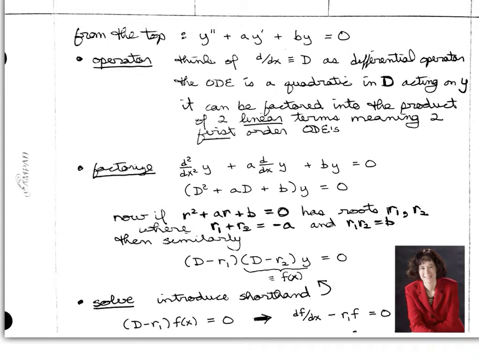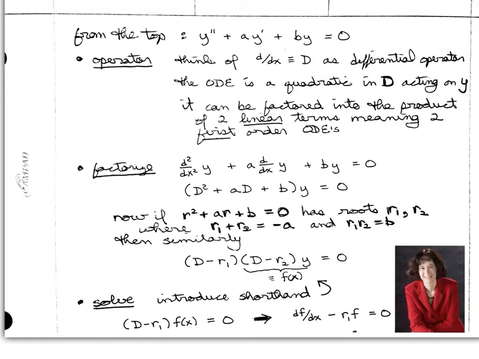That is, we should be able to factor this quadratic into this product of linear terms, d minus r1 times d minus r2 acting on y equaling 0. So conceptually, we've broken our second-order differential equation into a product of first-order differential factors. Now, to make use of that, let's call this d minus r2 acting on y by the name f of x for short.